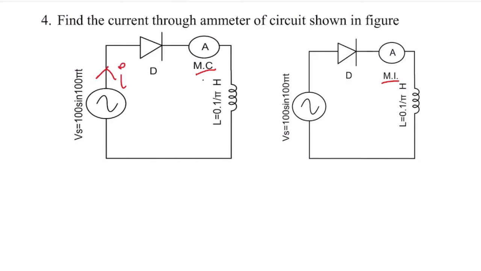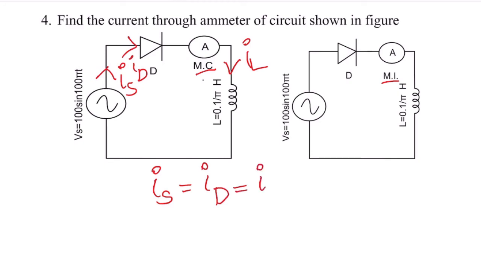If you look at the source current IS, diode current ID, and inductor current IL, because all are connected in series, IS is equal to ID is equal to IL.